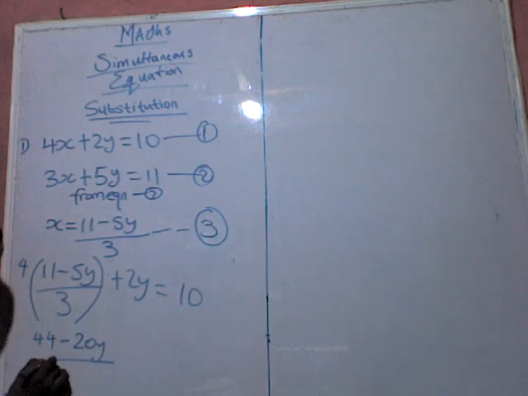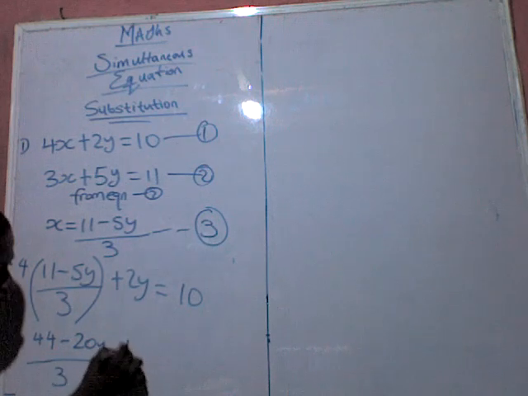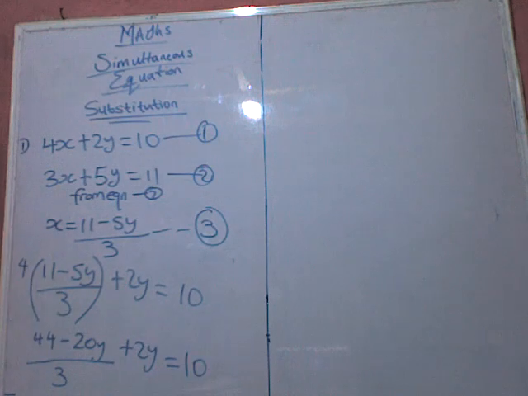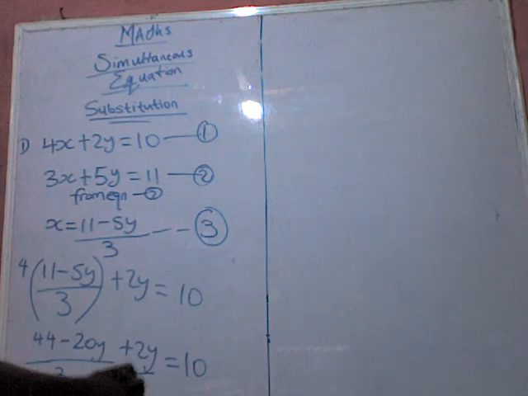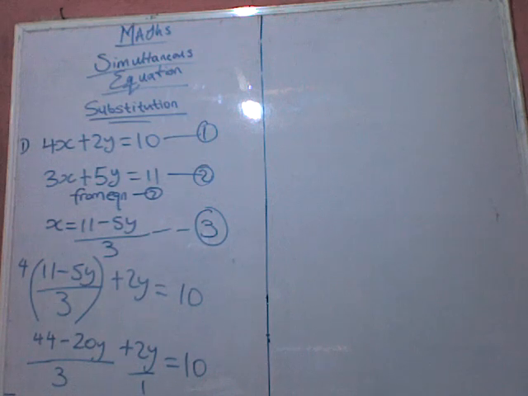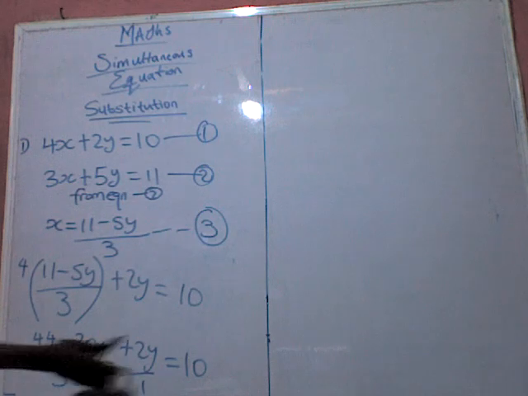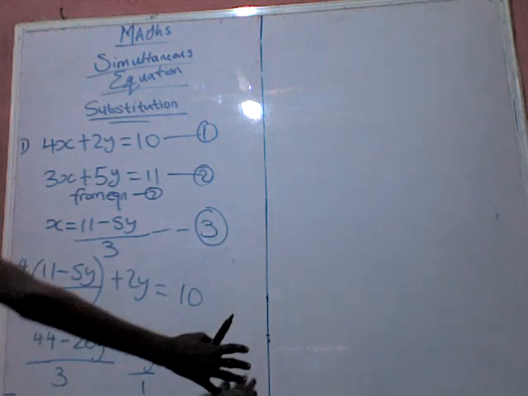all over 3 plus 2y equals 10. So what we have to do next, some of you will just make this one over 1 and start looking for your LCM, but for fast solving you shouldn't do that. What you should do is look at this 3 and multiply the LCM of these numbers by all the numbers up here.